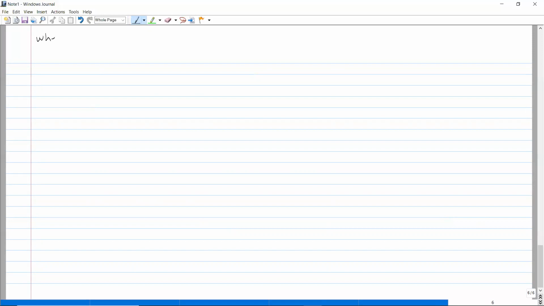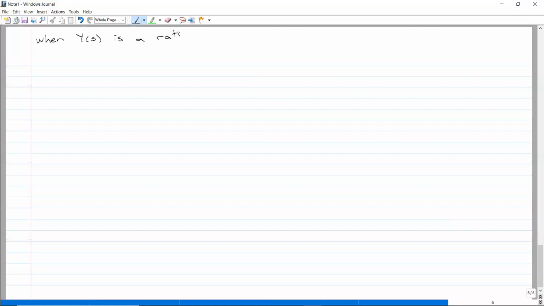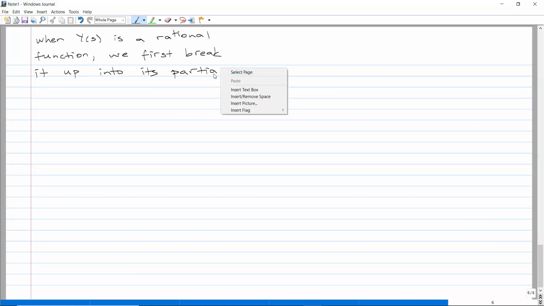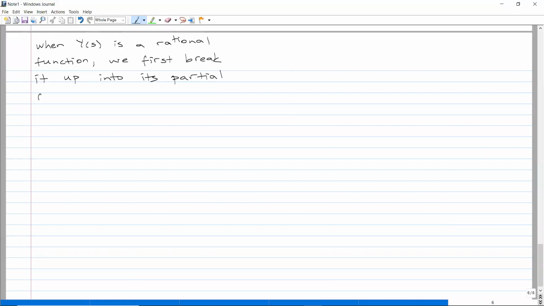So when capital Y is a rational function, we first break it up into its partial fractions, and use the linearity of inverse Laplace.